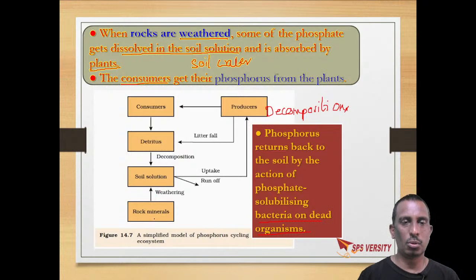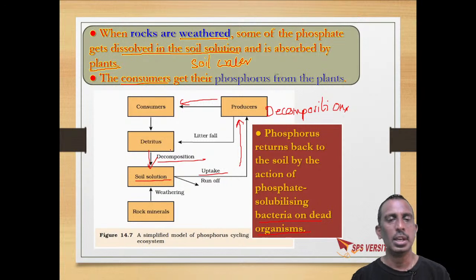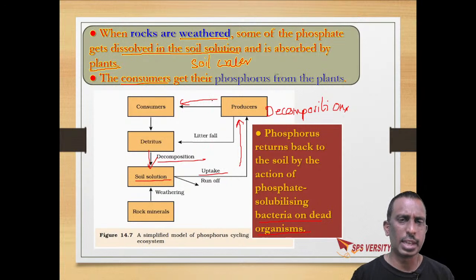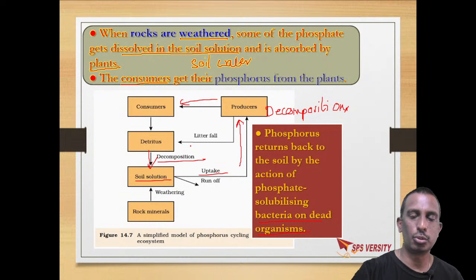Rocks, by weathering, release phosphate into the soil solution. By uptake, plants take this phosphate. From plants it reaches consumers. Whenever a plant or animal dies, by decomposition it reaches the soil solution again.